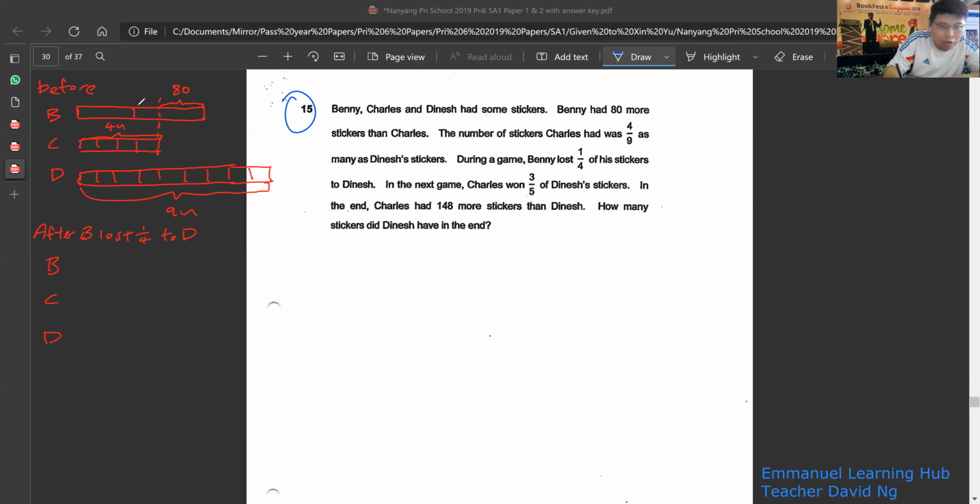So you divide by 4. 1, 2, 3, 4. Okay, this whole chunk here, right? It's not 4U. This whole chunk here is 4P. So 4P and this 1P.